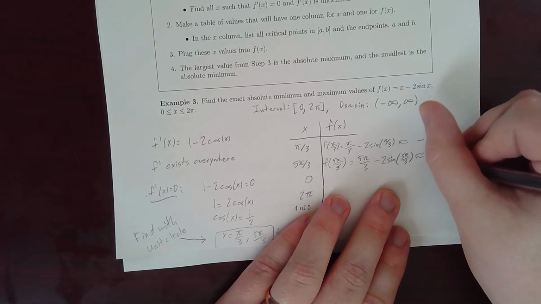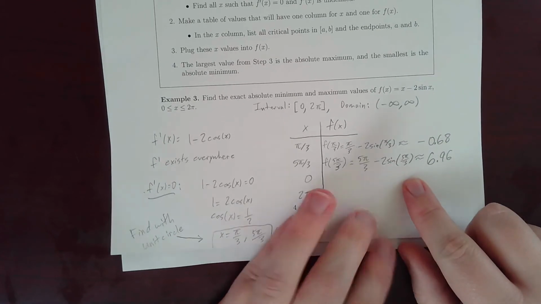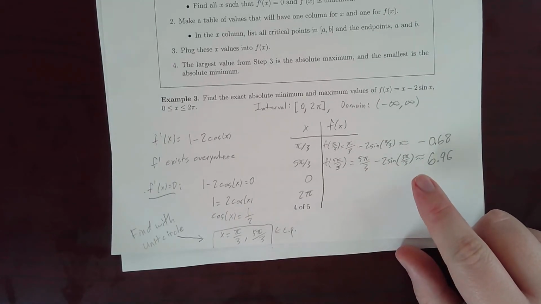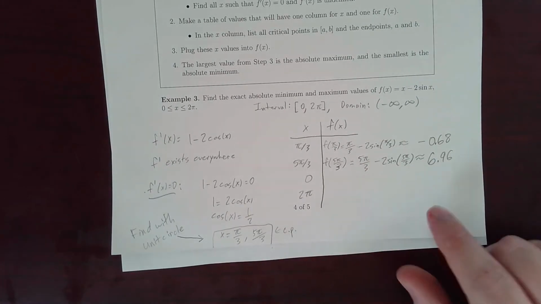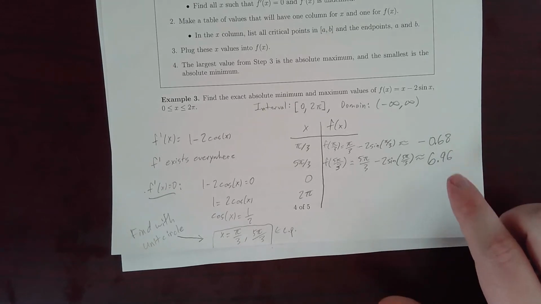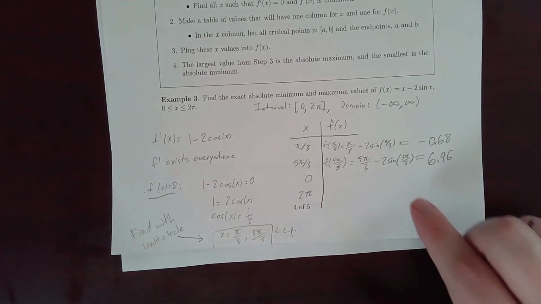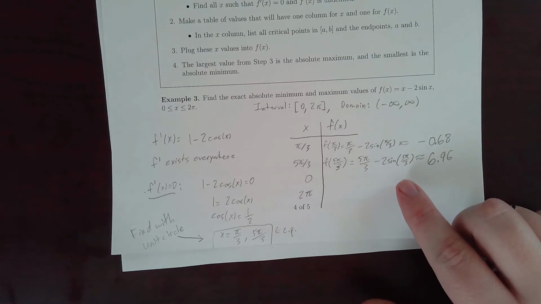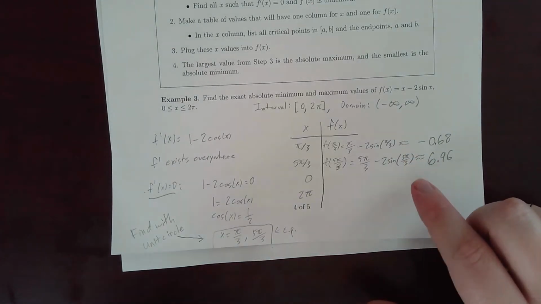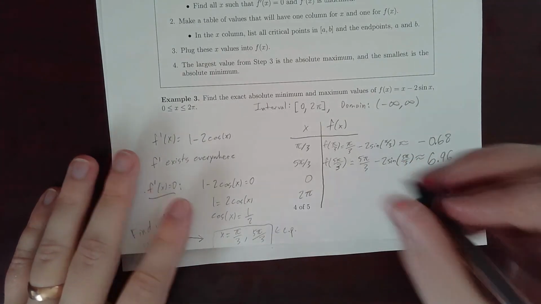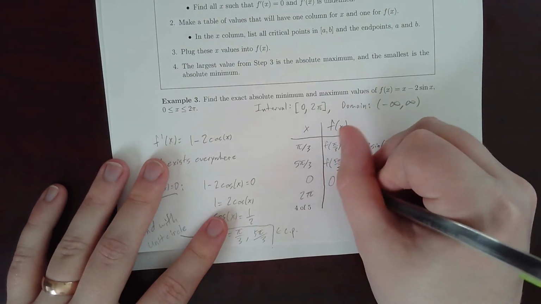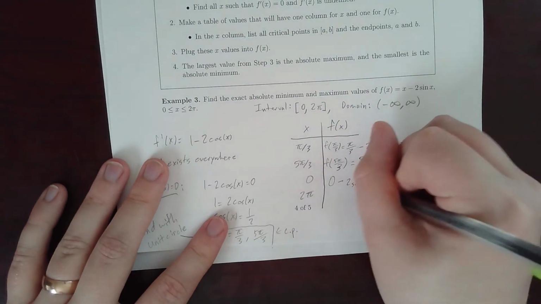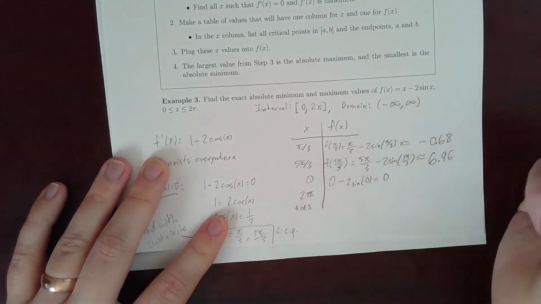6.96. Again, something to make sure you're doing with your calculator is making sure you are using radians and not degrees. If you're using degrees, you will not be getting the same answers that I am. And because we don't specifically call it degrees, we are working with radians. If we plugged in 0, we'd have 0 minus 2 sine of 0, which will just be 0.